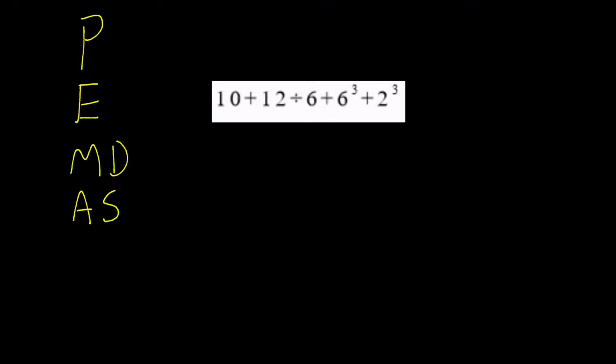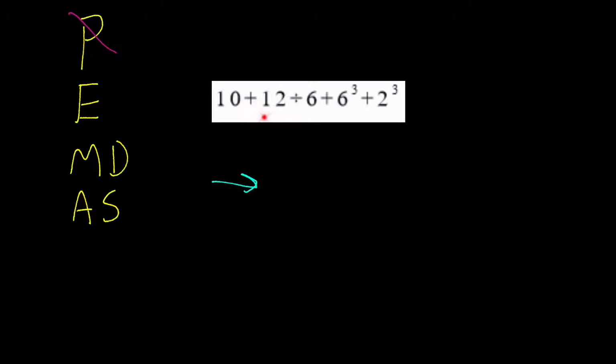Well, hopefully you said there's no parentheses, but we do have exponents. So we have 6 to the third power and we have 2 to the third power. The question is, though, which one are we going to solve first? And just like with multiplication or division or addition or subtraction, we go from left to right. Starting from the left side, going to the right.